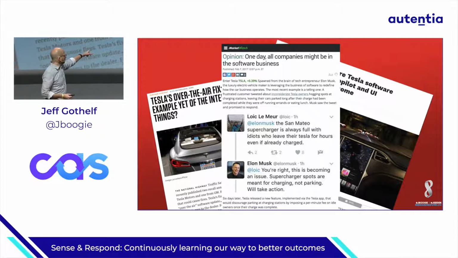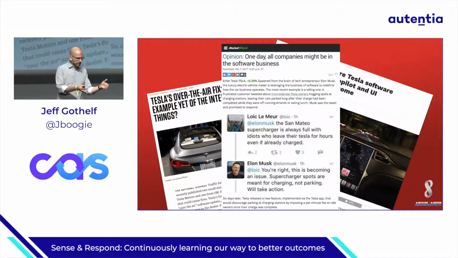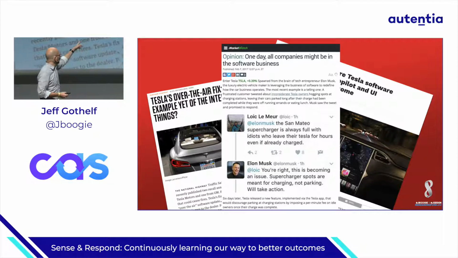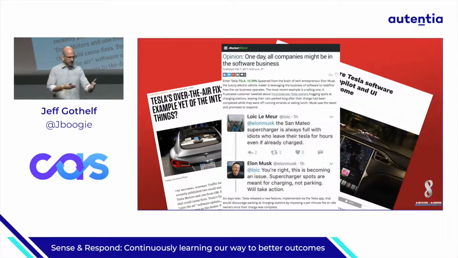This article here in the middle is about Tesla responding to a tweet with a change in the way the entire car system works, in 6 days. It's amazing. This guy, Loic, he tweets at Elon Musk and he says, listen, every time I go charge my Tesla, other people have their cars connected to the charger, their cars are full, they've walked away, and I can't charge my car.